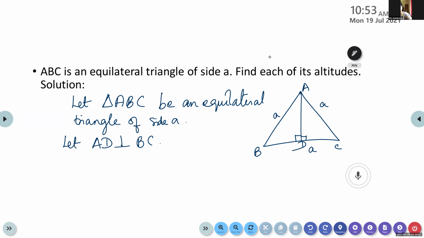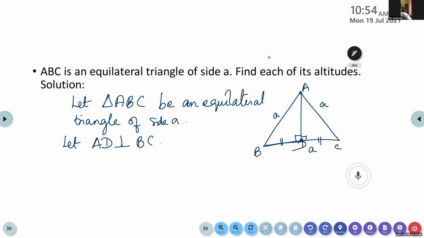Look at the figure. Suppose these two sides are equal. It will perpendicularly bisect the base. That means AD will be the median.